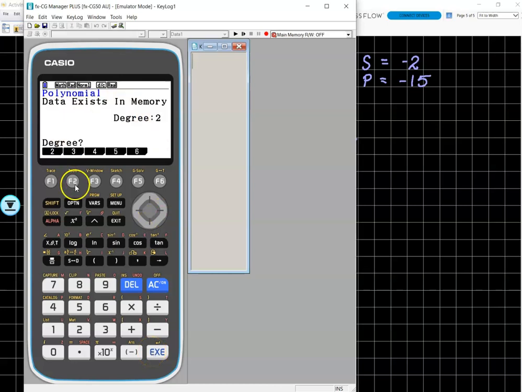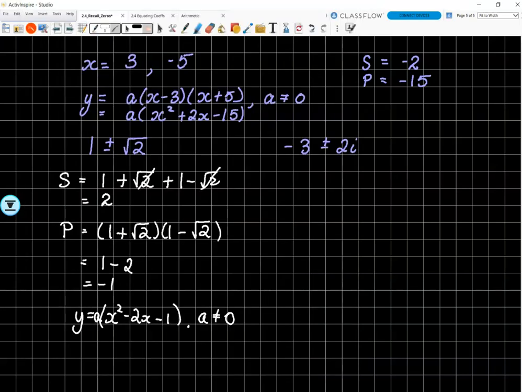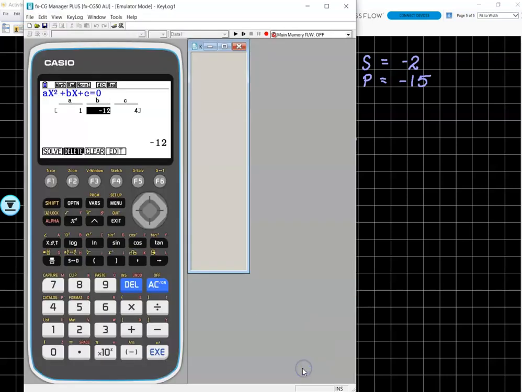Equation, poly, degree 2. Oh, what was it? I know it was a 1x. Forgot. -2, -1. And those were our roots, so we know that we're right.